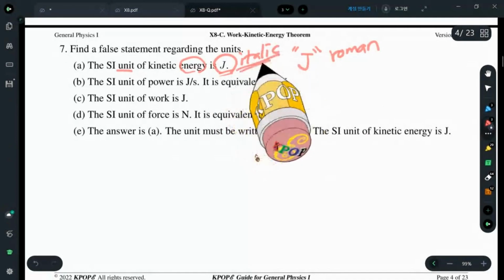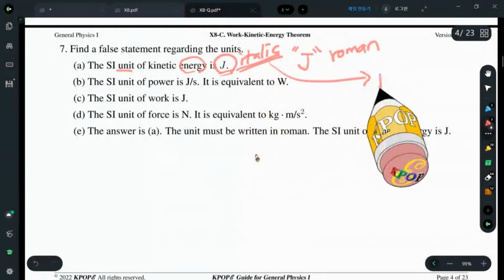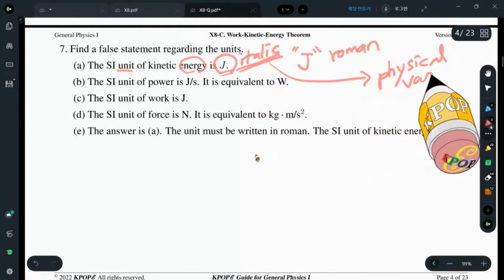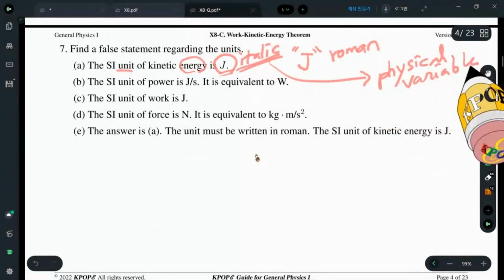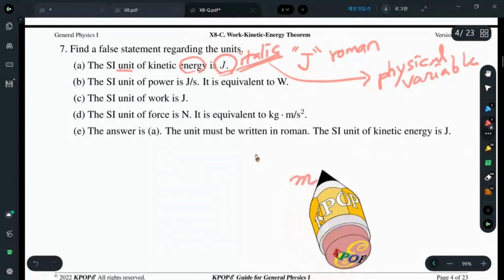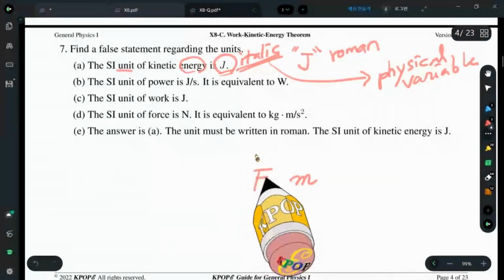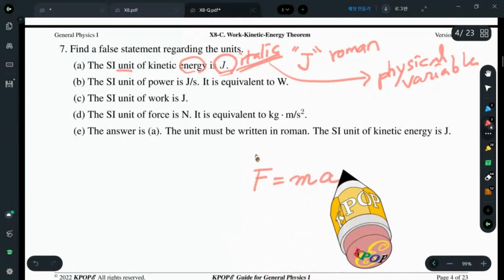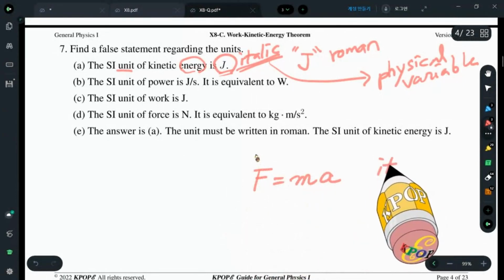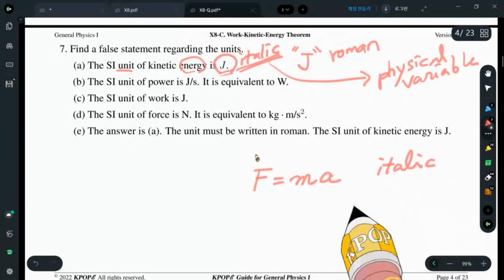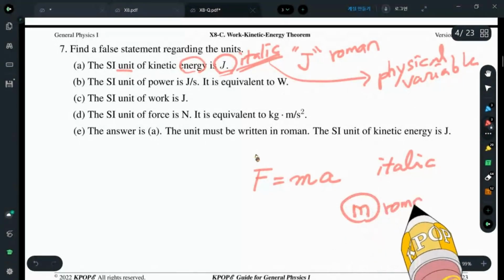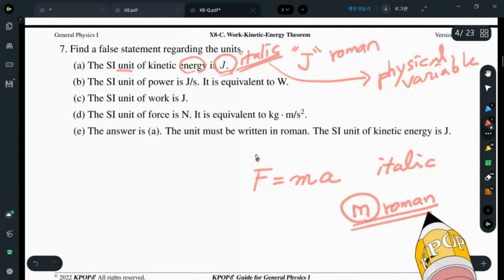Any italic letter must represent a physical variable. For example, mass m and force F, they are all italic. F equals ma, so italic. But meter should be in Roman. Okay?